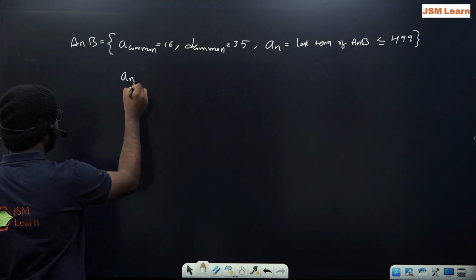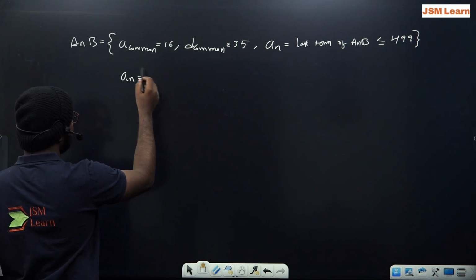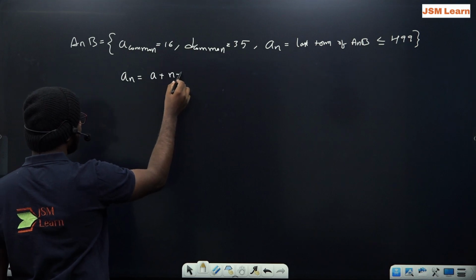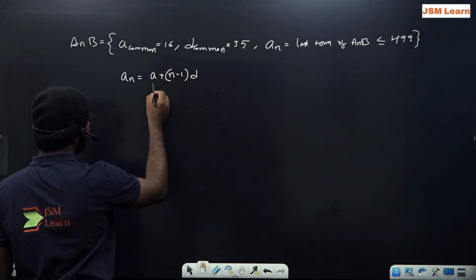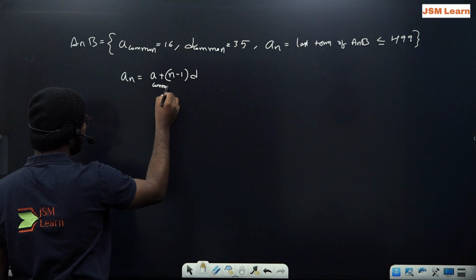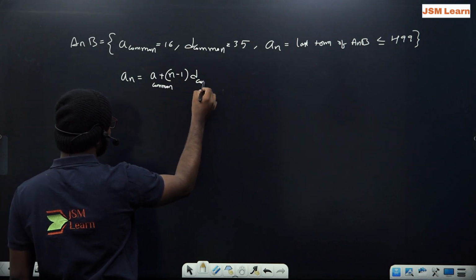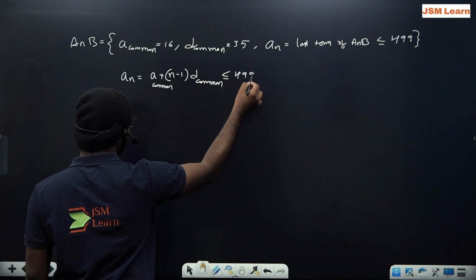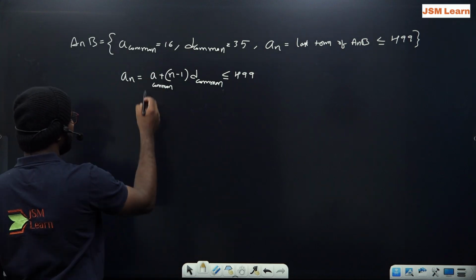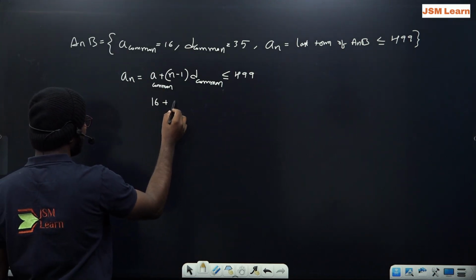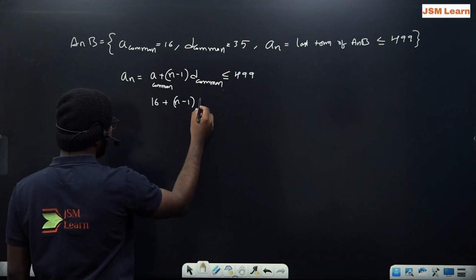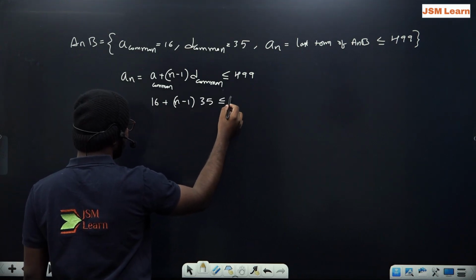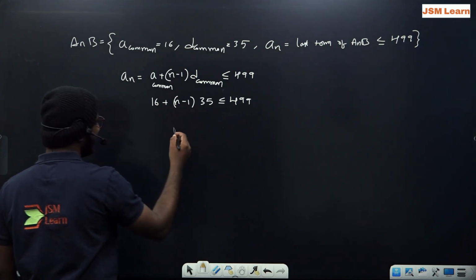By the formula a plus n minus 1 times d, here a common plus n minus 1 times d common should be less than or equal to 499. The a common value is 16 plus n minus 1 times the d common value 35, which should be less than or equal to 499.